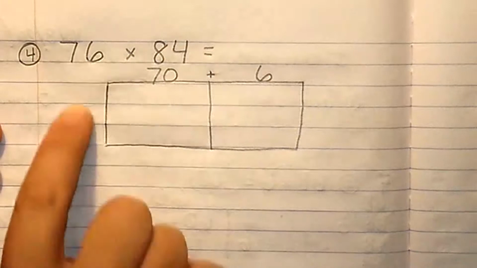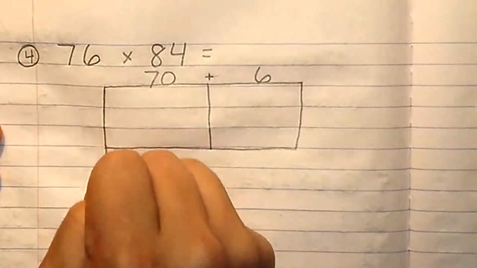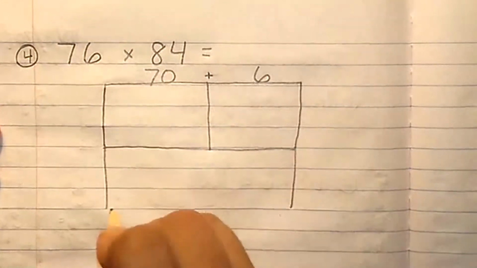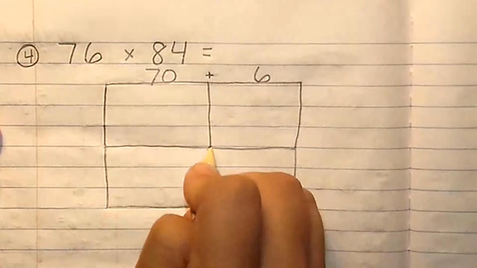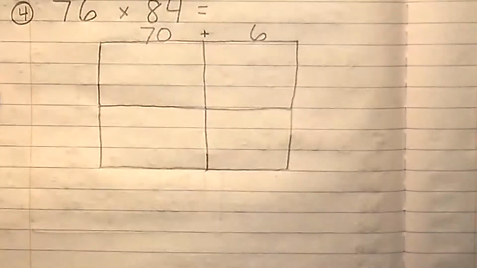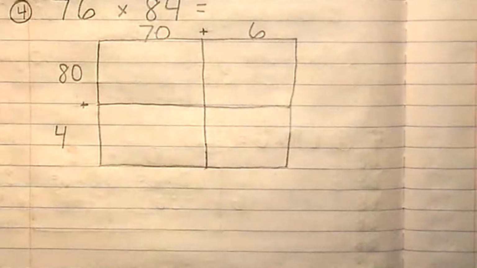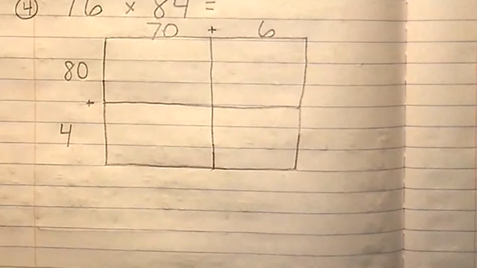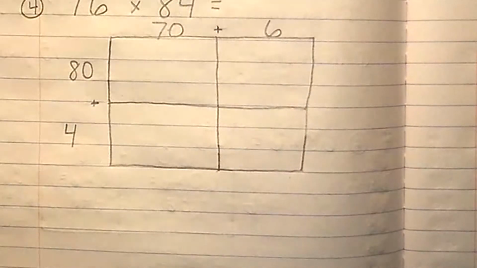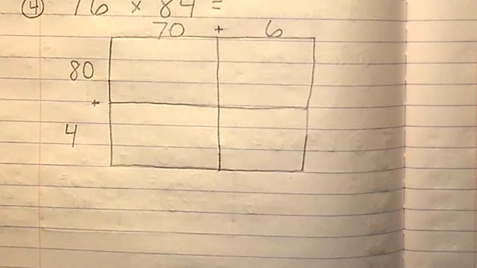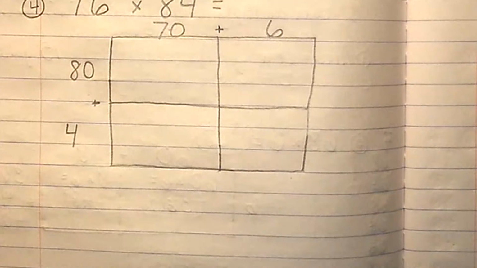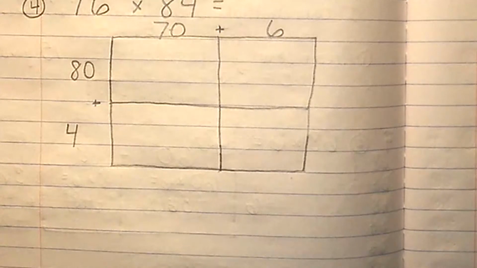So guess what? On the side here, I need 2 boxes. So I'm going to make another box going below this one. I've got 76, and on this side I've got 80 plus 4. Every number needs to get its own box, so we have somewhere to multiply them. So if you have a 2-digit times a 2-digit, you end up needing 4 boxes total.